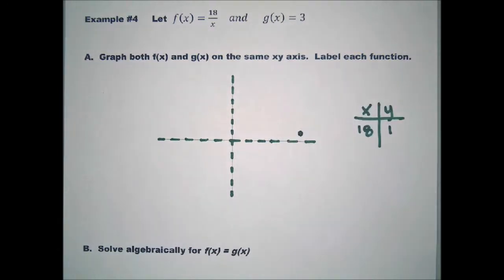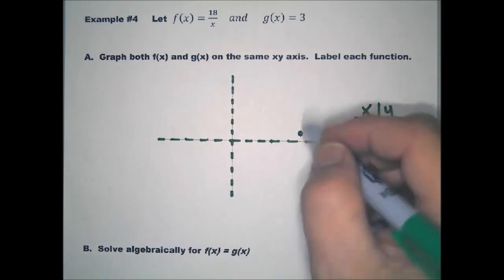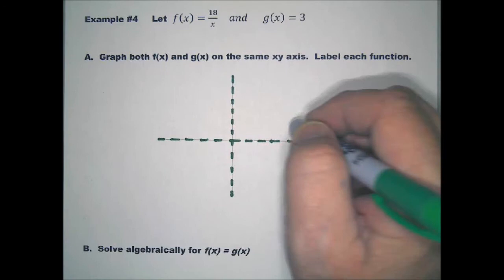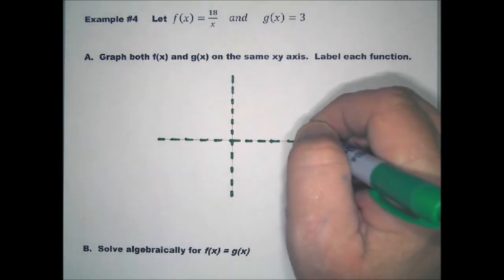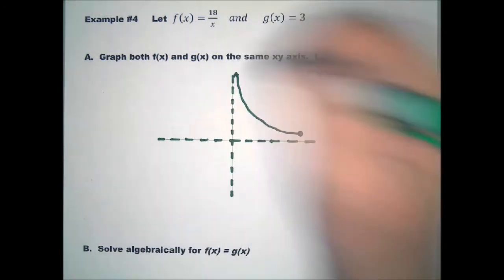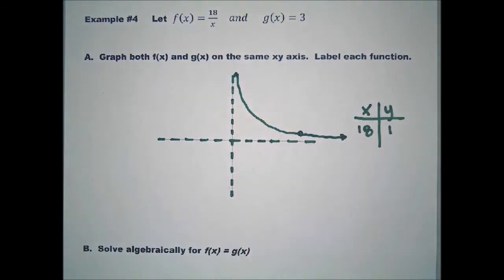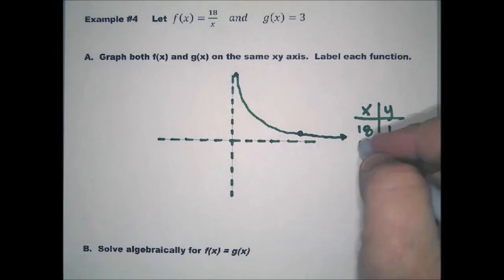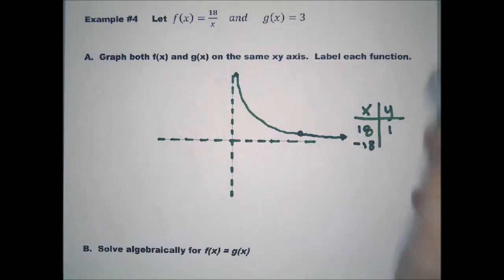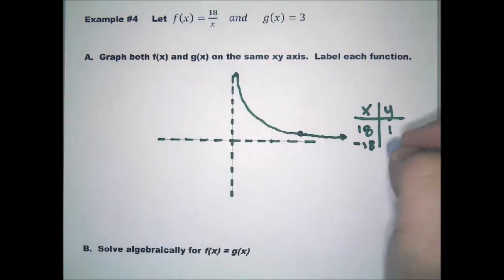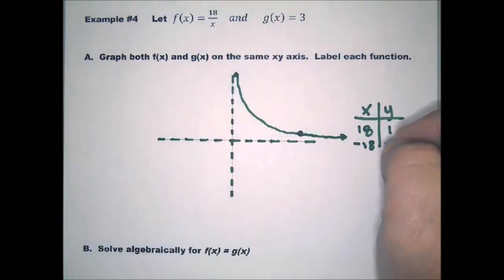Now I know what this graph does. It stretches out to this asymptote, and it stretches down to that asymptote. I'm going to stretch it up to that asymptote, and I'm going to stretch it down to that asymptote. Now I'm going to do the same thing, what if x were negative 18? If x were negative 18, 18 over negative 18 is negative 1.